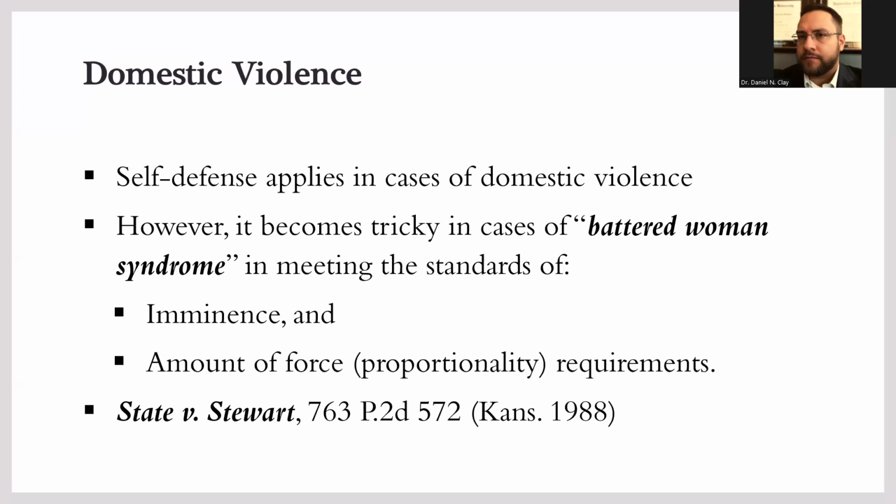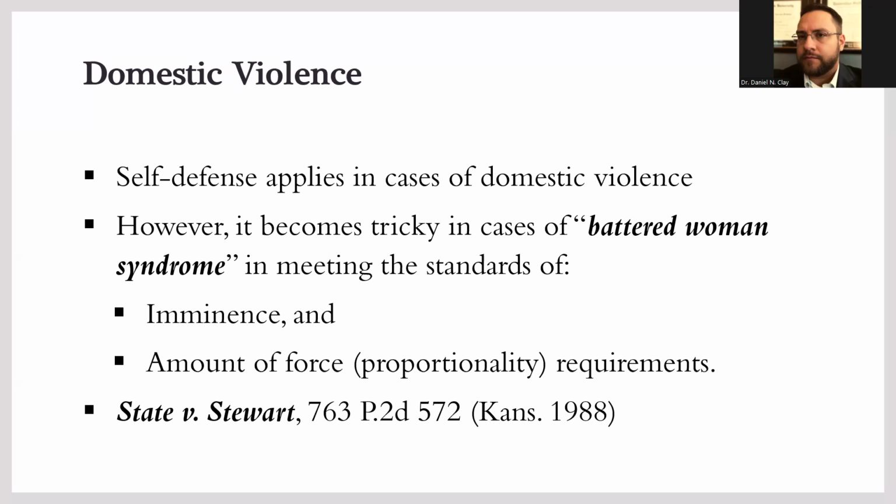The reason that it's tricky is usually with historically battered woman syndrome or battered spouse syndrome, people who are the victims of domestic violence tend to take it until it builds to the point that they can no longer take it, and then they snap and lash out, which was the case in the Stewart case.